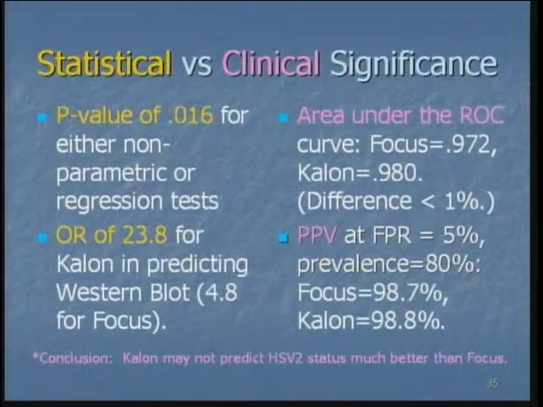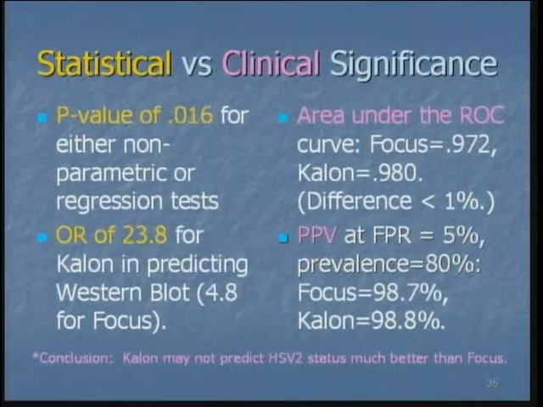If you compare the areas under the ROC curves, we're talking about a difference of less than 1%. So our ability to accurately detect HSV2 seropositivity by the gold standard is not dramatically improved. If we put it on the scale of change in positive predictive value, we can just pick a cutoff and say, what's the positive predictive value if, let's say, the false positive rate is going to be 5%.